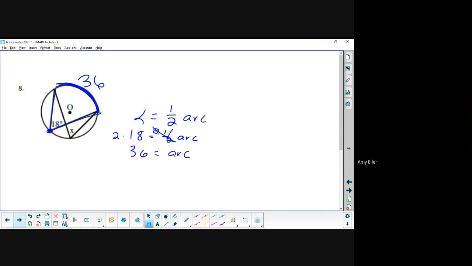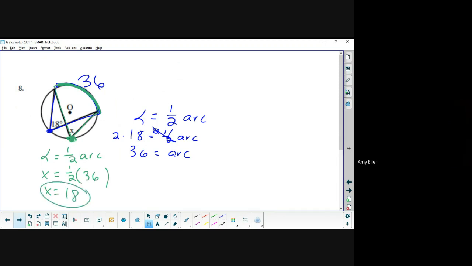Let's say I want this angle. Let's look at what arc it makes. It makes the same arc. The formula for the angle, same. Angle equals half the arc. So the angle X is half of the arc. Half of 36 is 18.